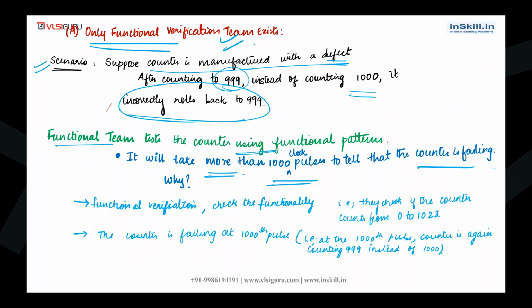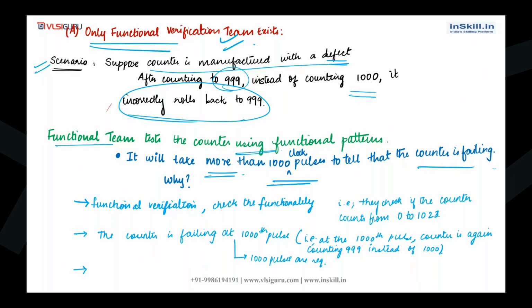So 1000 pulses are required for this, and then some more clock pulses will be required for counter initialization and counter observation. Counter initialization means the counter has to be brought to some initial state.